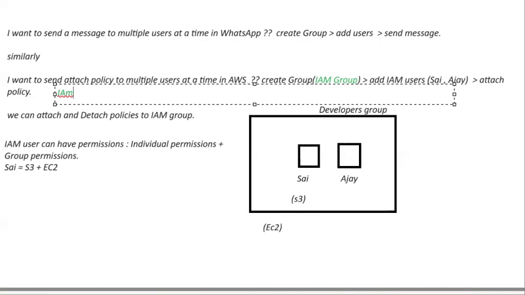IAM groups are used to attach the same permission to multiple users at a time, right?